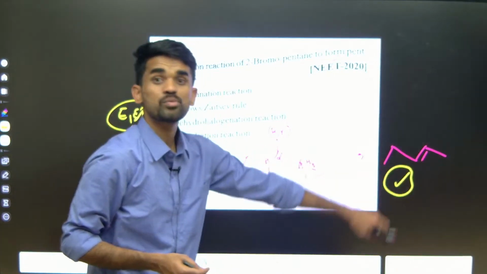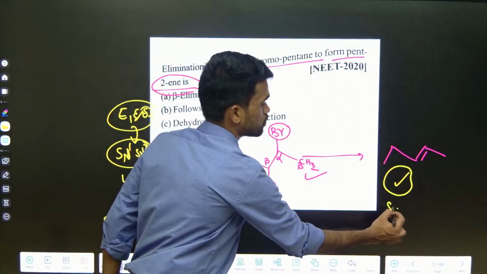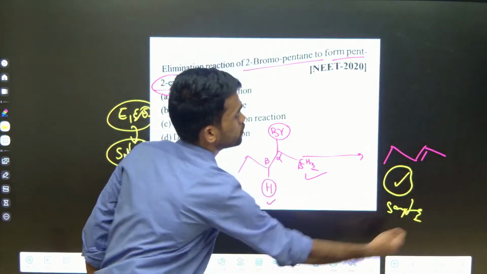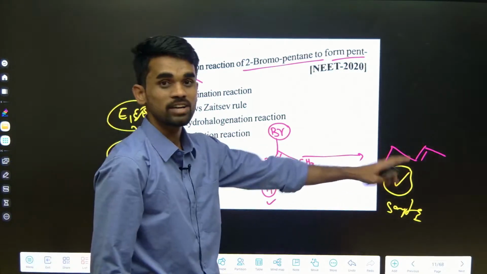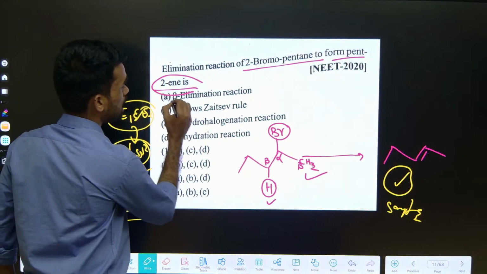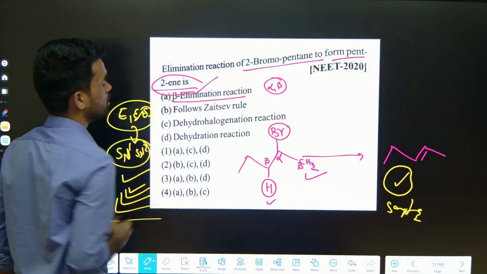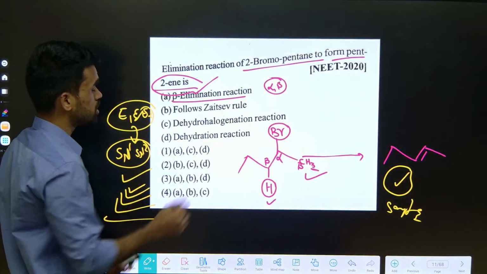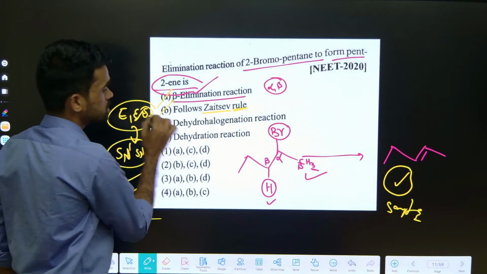This type of product is what we call the Saytzeff product. It is following beta elimination, the alpha and beta I told you about, and it follows the Saytzeff rule.